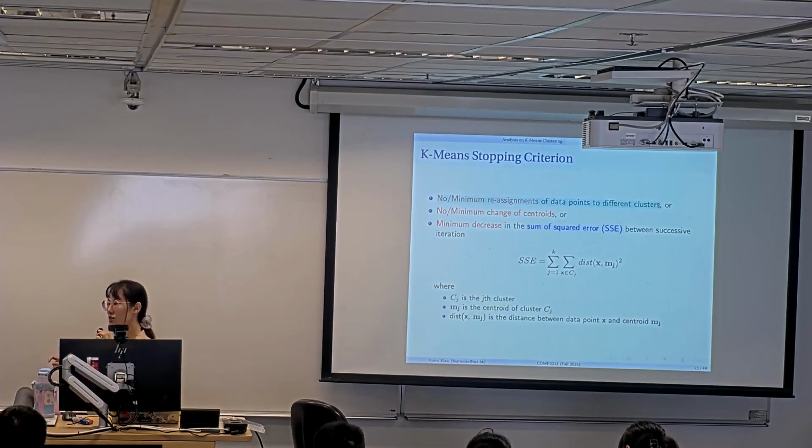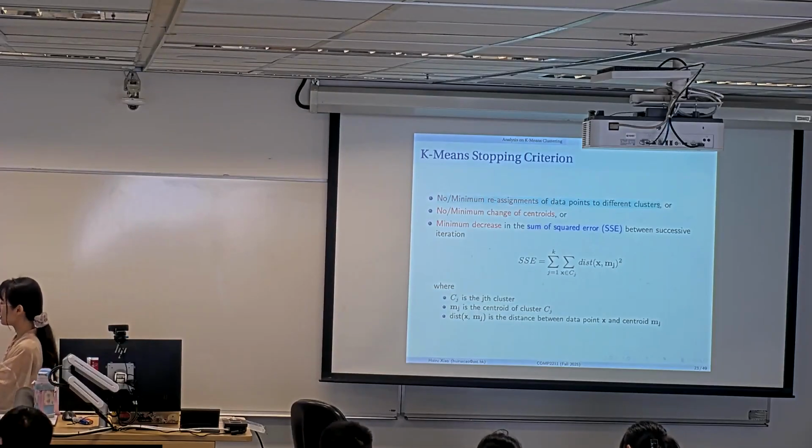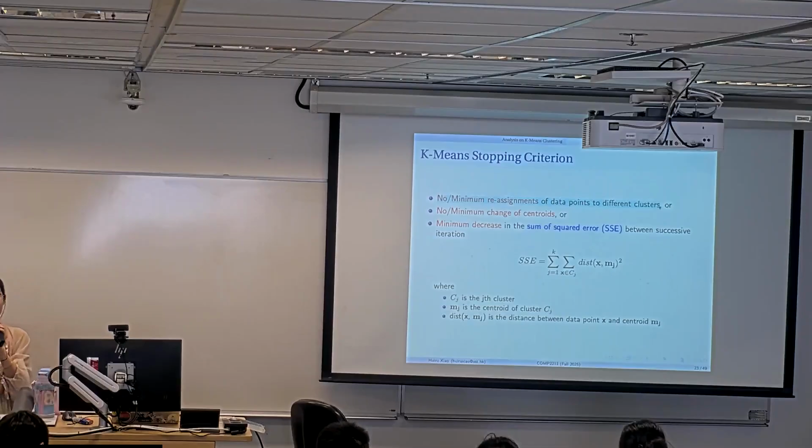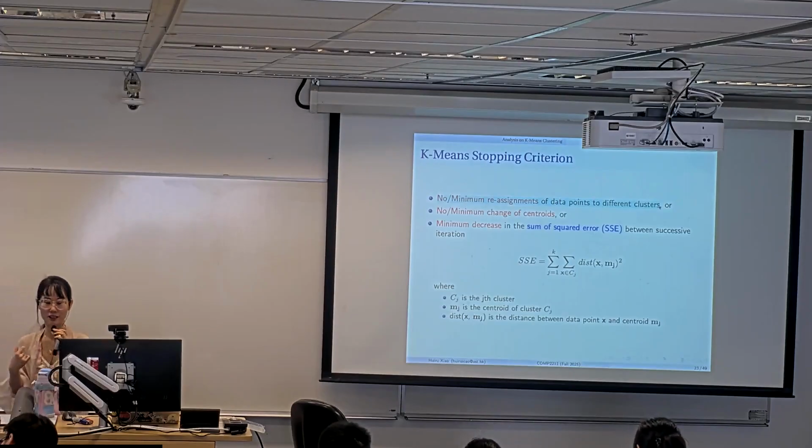If the centroids remain the same, of course the distances remain the same, so the cluster membership remains the same. Or if the cluster membership remains the same, then after taking the average to get the centers, of course the centers also remain the same. So these first 2 conditions are equivalent with each other.